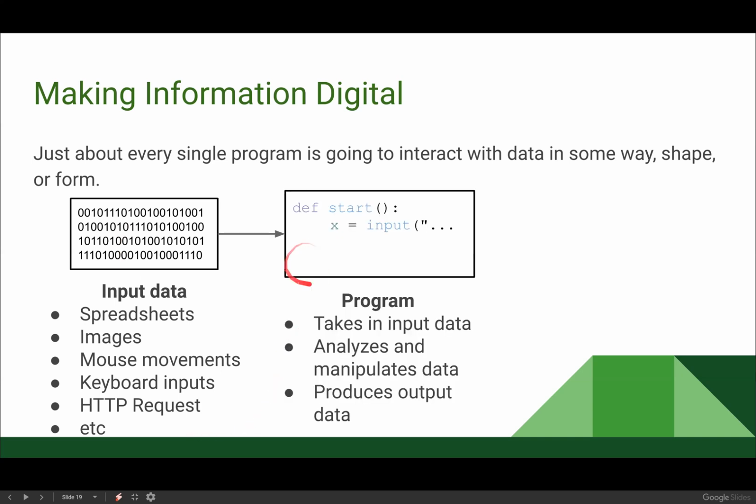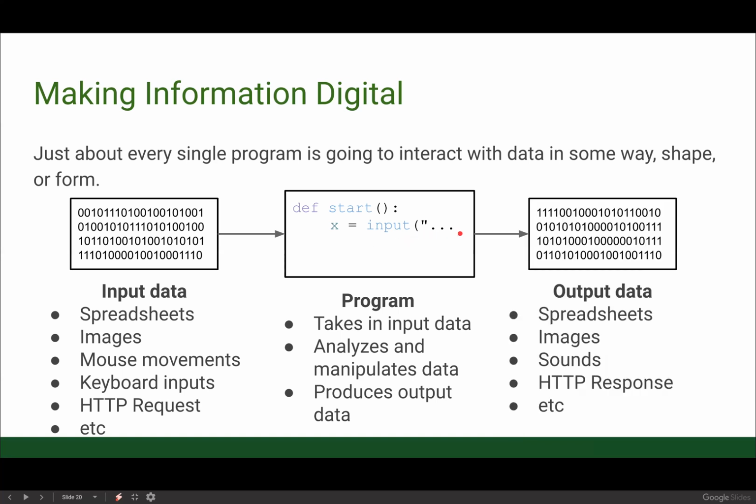So our program is going to take in the data, analyze it, manipulate it, do something with it, and it's going to produce some more data as output. So we get ones and zeros as our input, we process all those ones and zeros, and we spit out different ones and zeros. We could, in turn, spit out a spreadsheet. We could spit out some picture. We could spit out some sounds. There's all kinds of different outputs, just like there's all kinds of different inputs.